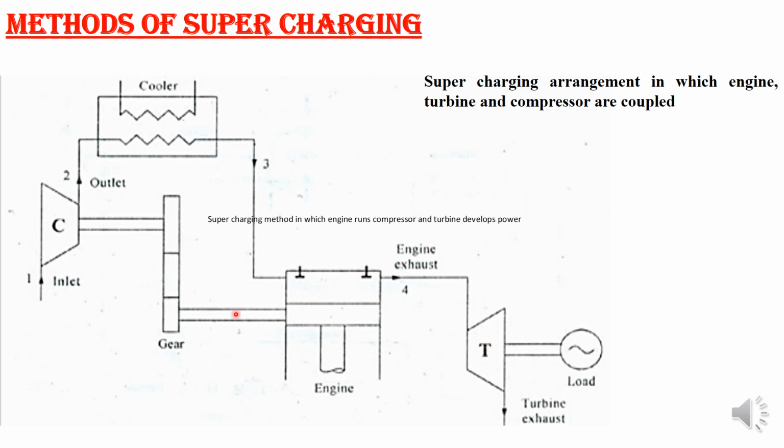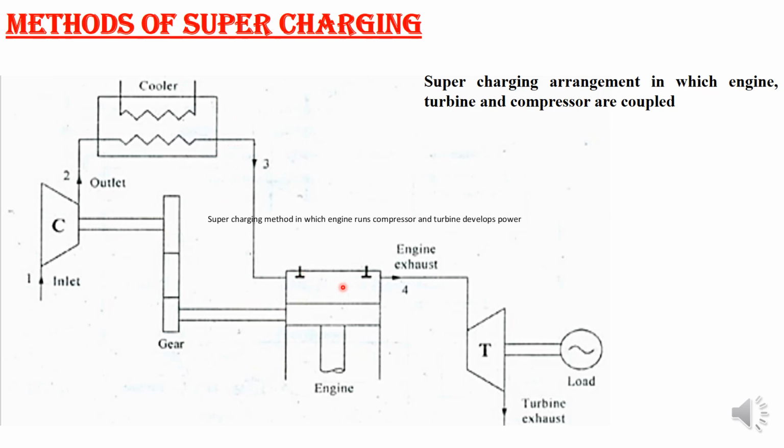In this case, all the engine power is given to the compressor, and the rest of the power output is given by the turbine. The engine power is coupled through gearing to the compressor. The compressor compresses the air, then it goes to the intercooler. The intercooler rejects heat at constant pressure, then the air goes inside the engine.